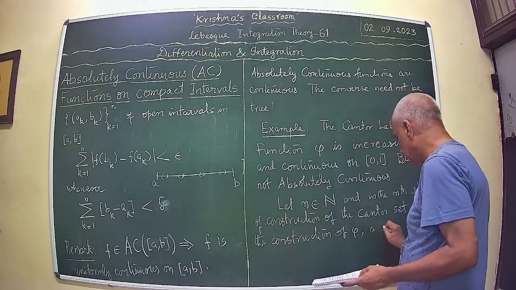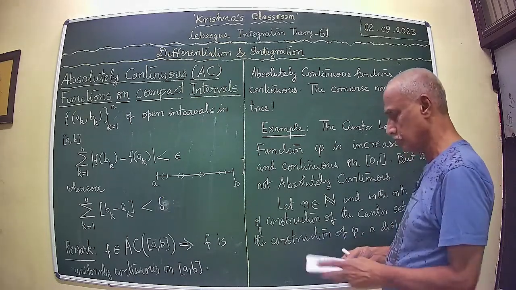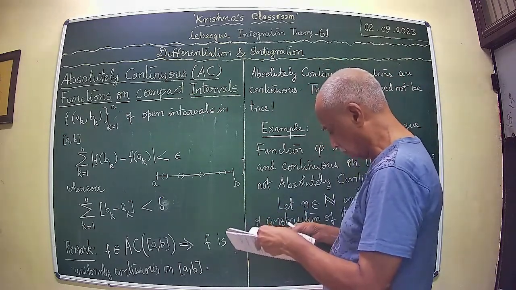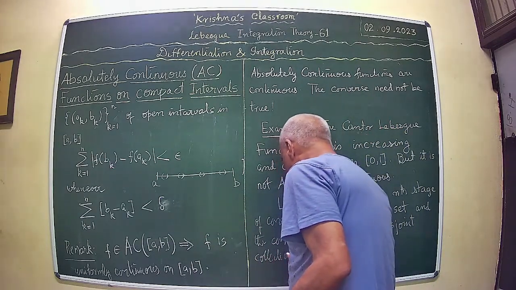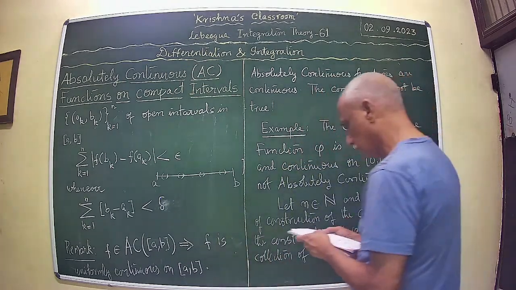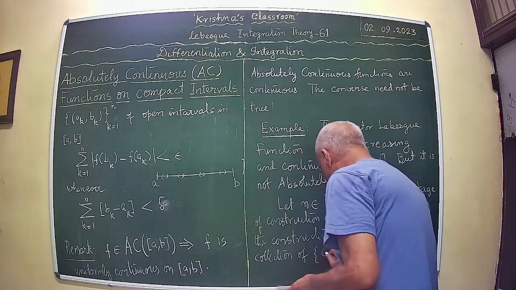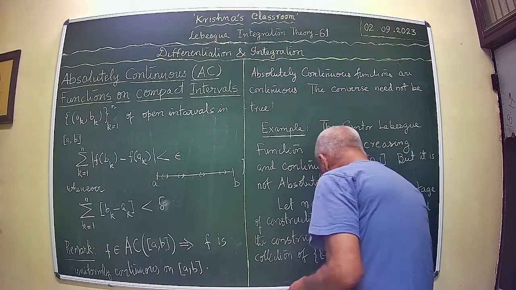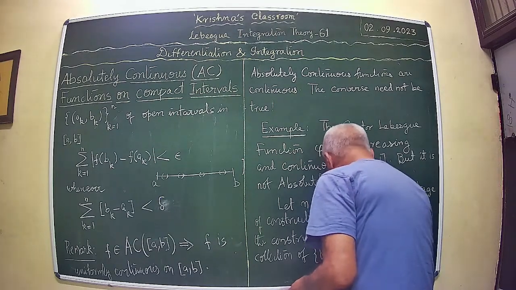A disjoint collection of subintervals, k running from 1 to 2 to the power n.